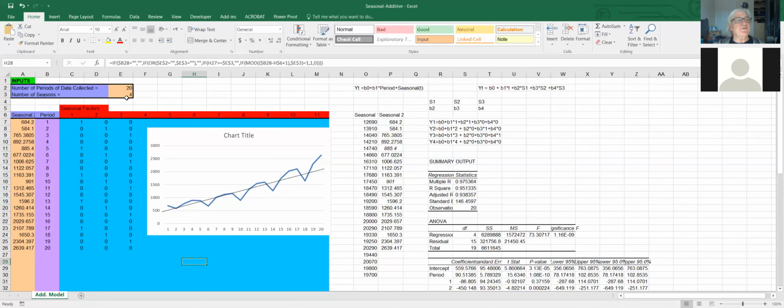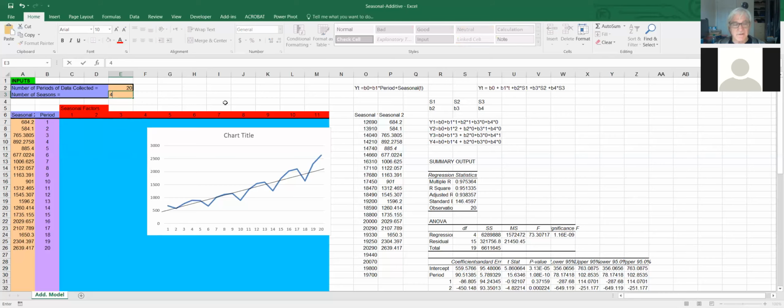Because once you enter the 4, let's say nothing happens here. I didn't put anything yet. No number of seasons of columns were selected. But the template is programmed such that if you put the number 4, it will add 3 columns.